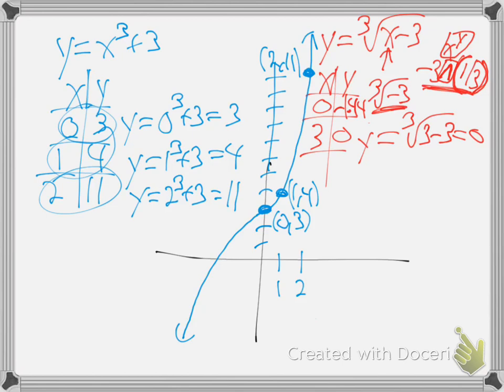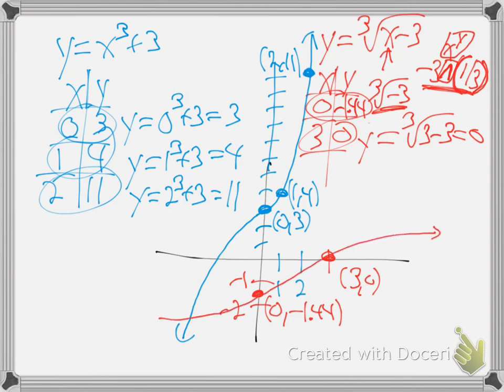So now the red graph, I'm going to go over 0, down 1, down 2. It's about right there. That's the point, over 0, down 1.44. It's like down 1.5 about. And then over 3 up 0, right there. So which graph looks like it? This graph looks like it's kind of going sideways like that.